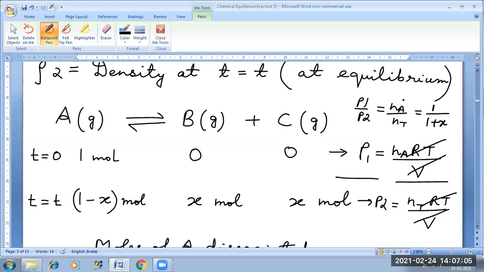So P1 upon P2 is equal to 1 plus X. Total moles is nothing but the sum of moles of all species. I have 1 minus X moles of A, X moles of B, and X moles of C at equilibrium. So I added up all to get the total moles.